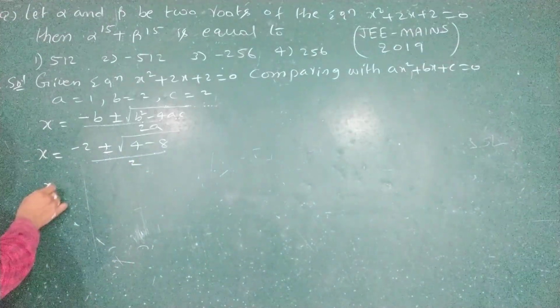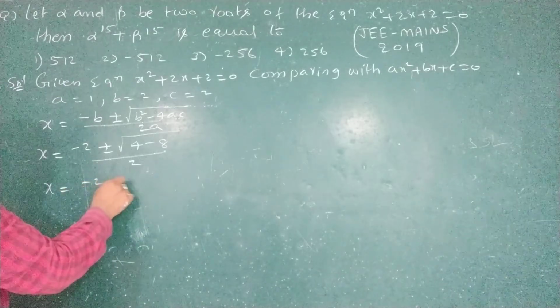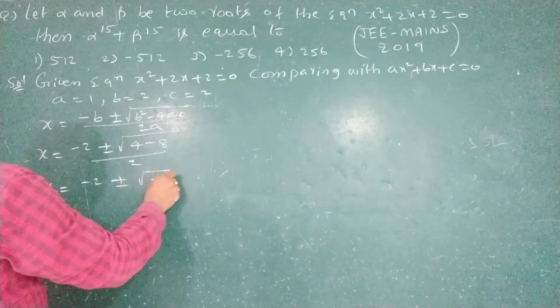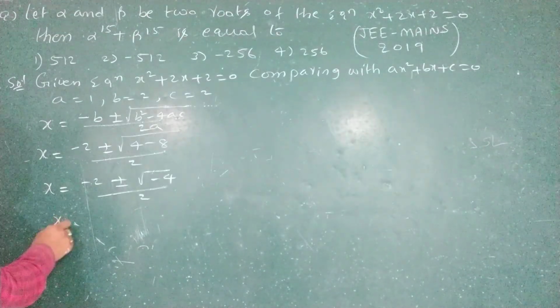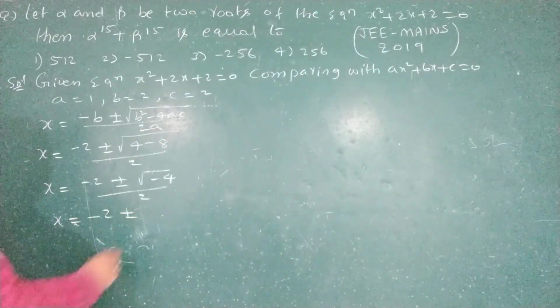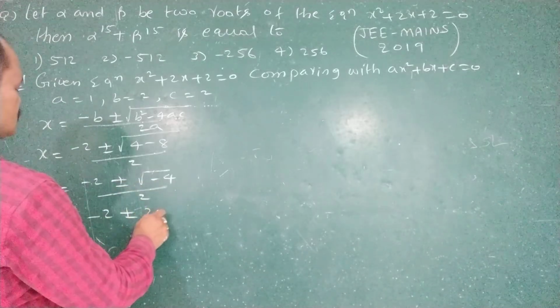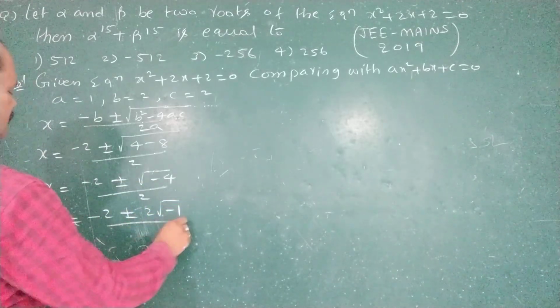From this, x is equal to minus 2 plus or minus root minus 4 by 2, which is minus 2 plus or minus 2 root minus 1 by 2.